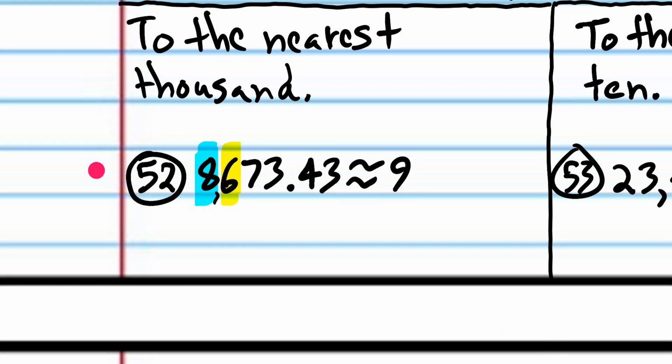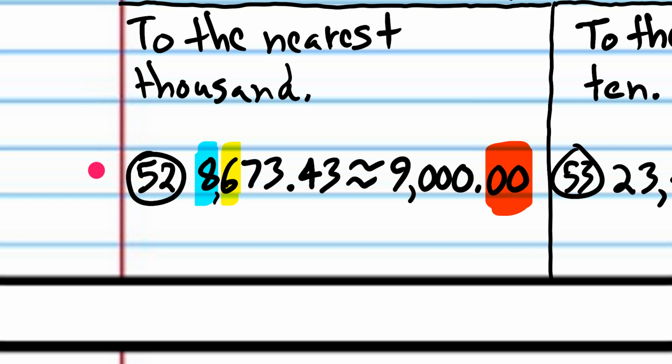That becomes 9. And all the other numbers become 0. And the 4 and the 3, they become 0 also. So as you can see, it's the exact same problem. No difference whatsoever. Except these zeros, if you recall from the previous classes, we don't really need to write those.